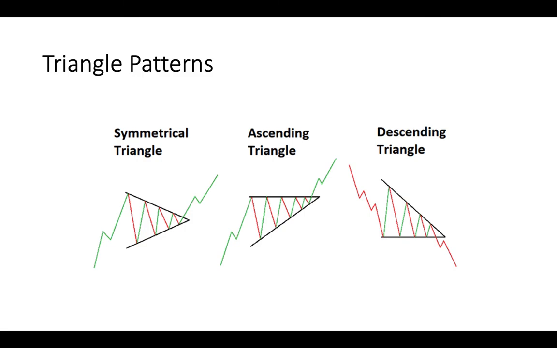We have three types of triangle pattern. It's very similar to a wedge. However, an ascending triangle is nothing but an upward wedge, and a descending triangle is a downward wedge. If it's a symmetric triangle, it means there is a probability that it might go up or down. Anything is based on the day's fundamentals.